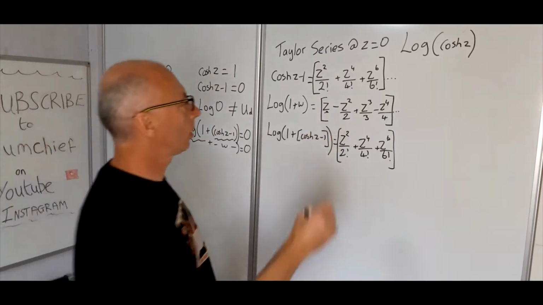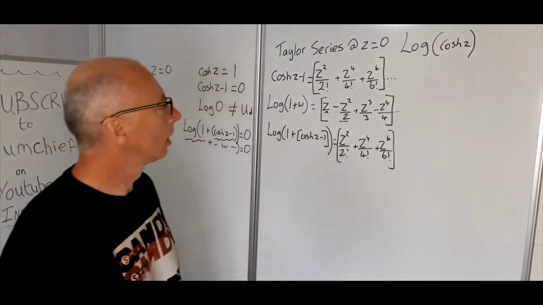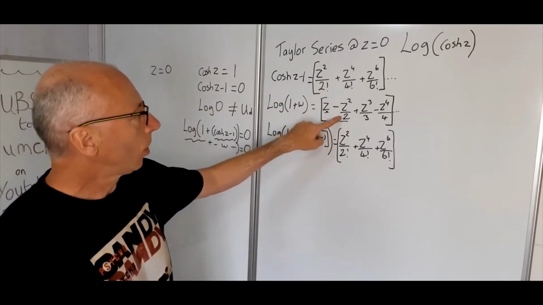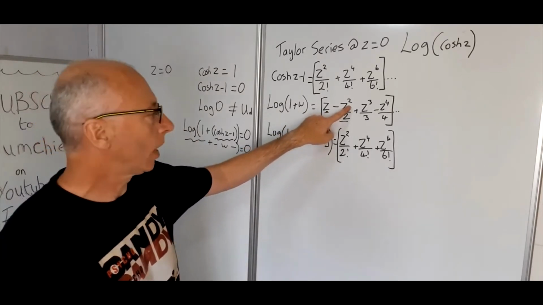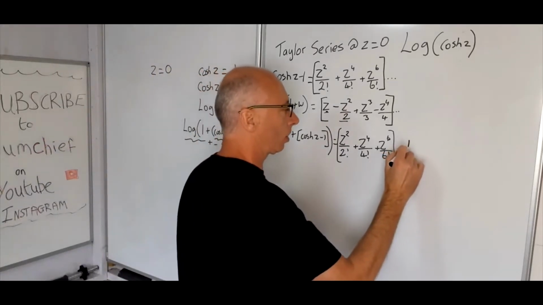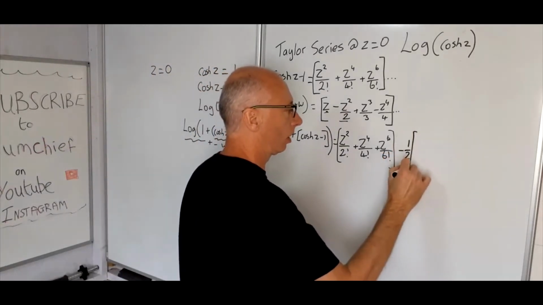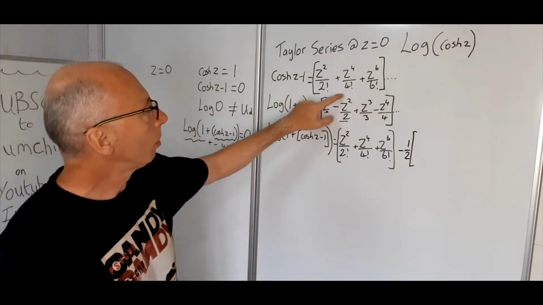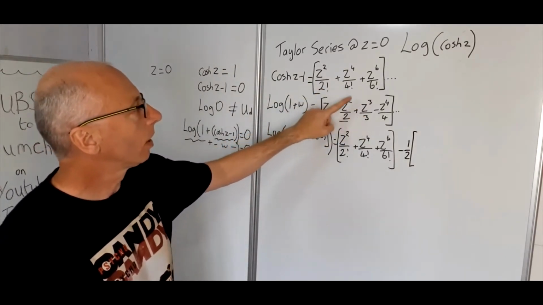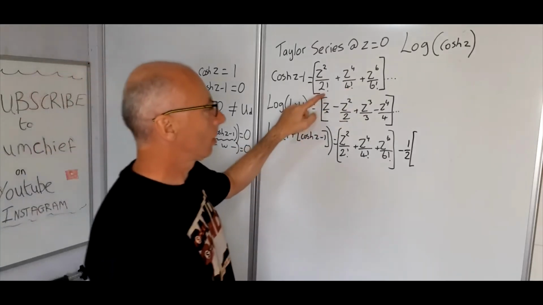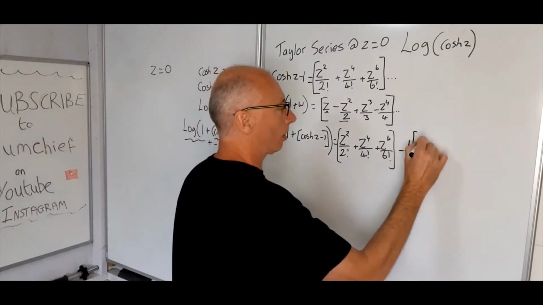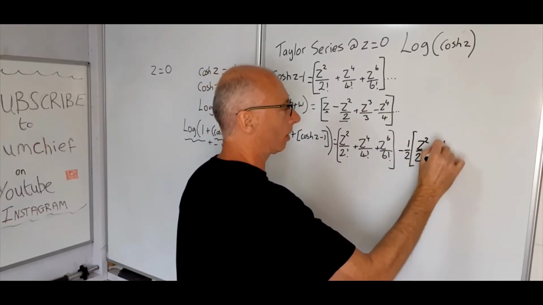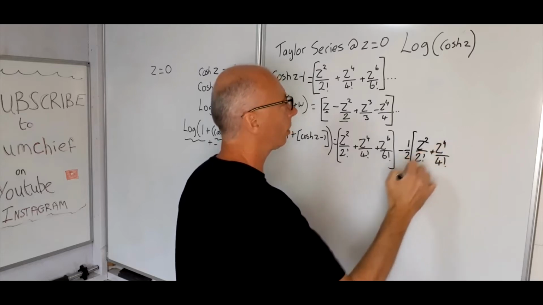Now we're on to the second term, minus w squared over 2. So what we can do is take this coefficient out, minus 1/2, and then we're left with the w squared. So we go minus 1/2, and then we want w squared. So now what we do is we plug in this series here and square it. So z squared over 2 factorial plus z to the 4 over 4 factorial.